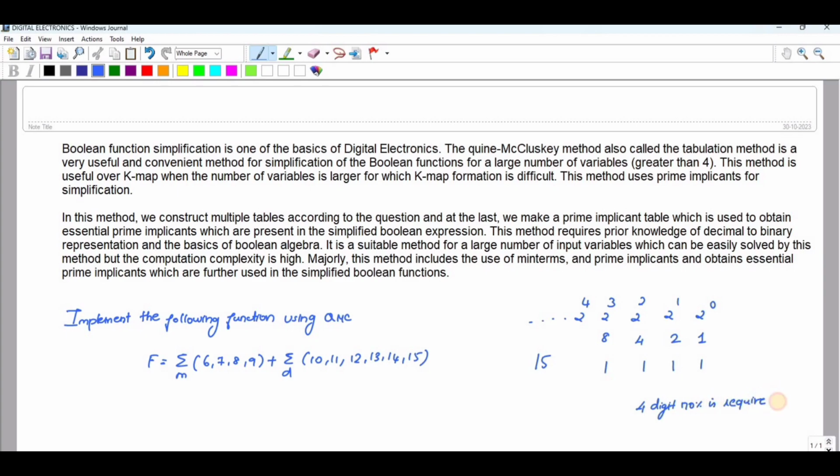So let me write the function as f is equal to f of a, b, c, d. This is your 4-bit number, where a is your MSB, most significant bit, and d is your least significant bit. That is equal to summation m of 6, 7, 8, 9 plus d of 10, 11, 12, 13, 14, 15.